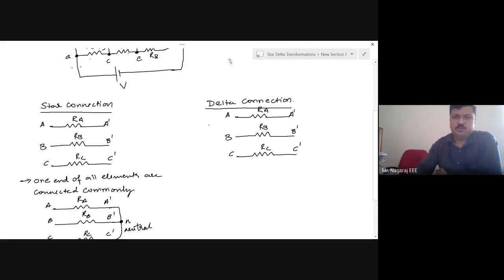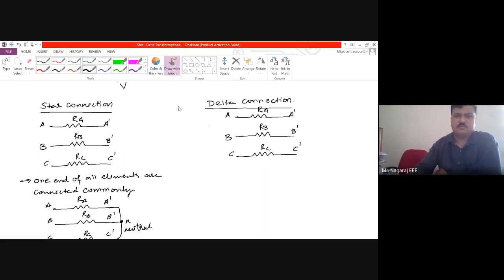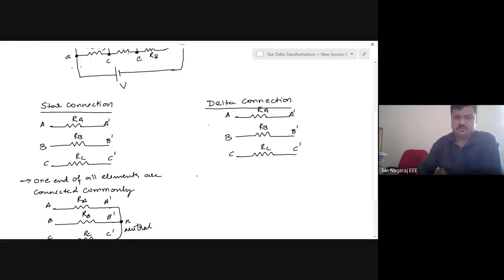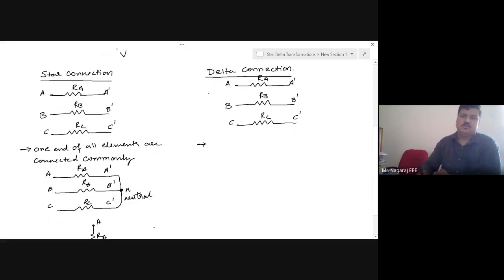Now if I want to get the delta connection, what should I do? To obtain the delta connection, how should I proceed? To get the delta connection, the second end of the first element has to be connected to the first end of the second element, and it has to be continued.